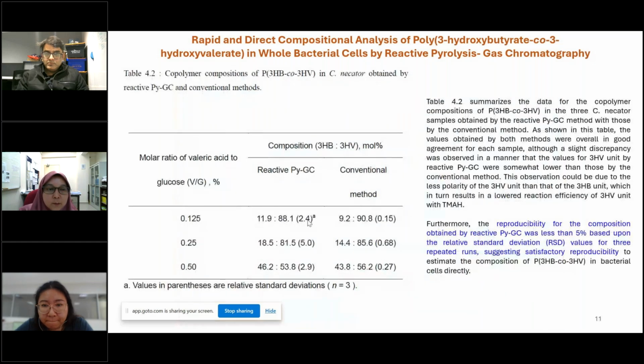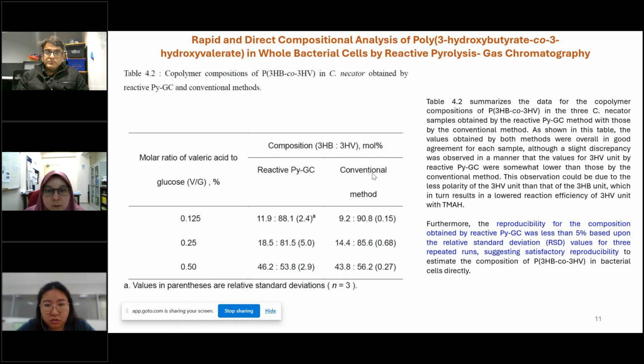Okay. So in comparison of the conventional method and the reactive PYGC method, we obtain data that is almost the same. We can see that for this reactive PYGC, the HB monomer is almost the same as the conventional. This data has an RSD below 5%. An RSD of less than 5% indicates very high accuracy or efficiency of this analytical method.